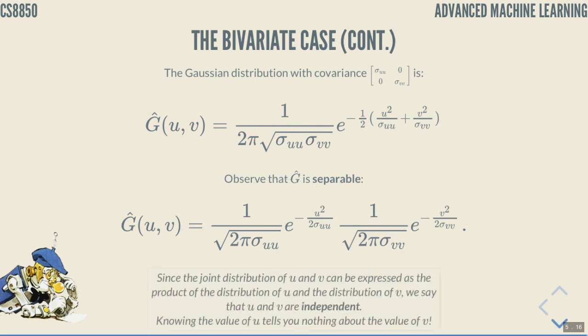But this means, since the joint distribution of u and v can be expressed as the product of the distribution of u and the distribution of v, we say that u and v are statistically independent, and knowing the value of u tells nothing about the value of v. So after KL transform, the variables in our Gaussian become statistically independent.